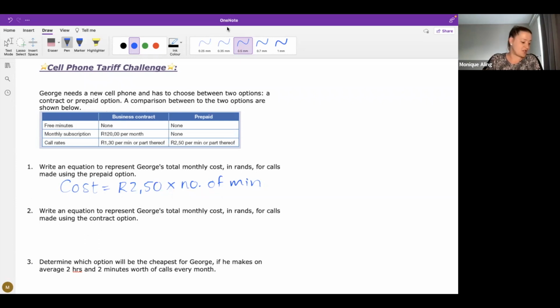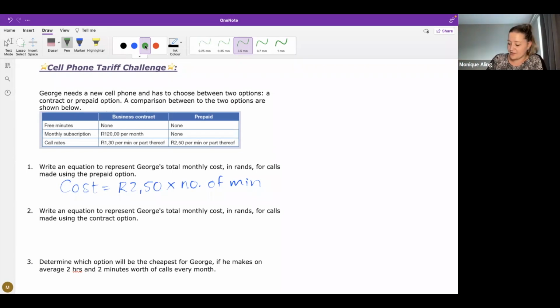And then for question 2, Nokwanda, that is correct, but don't forget the plus sign between the 120 and your bracket, because the way it's written so far indicates that everything's been multiplied. So just check that. For question 2, we had to come up with an equation to represent Georgia's total monthly cost in rands for calls made using the contract option.